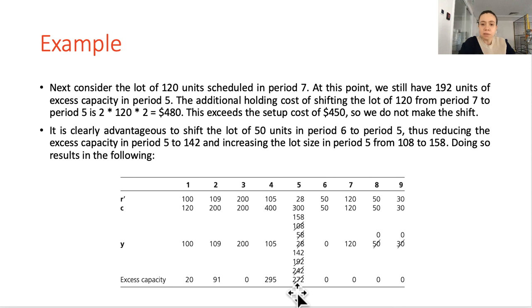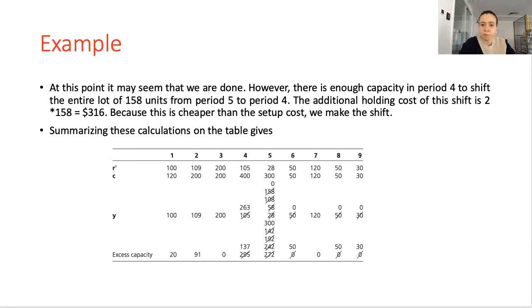Now I still continue checking if I can shift any of the lots to the previous periods. Now I see that there is also excess capacity in week 4. So I may try to shift all the production in week 5 to week 4. So I will check if the inventory holding cost is less than the setup cost or not.